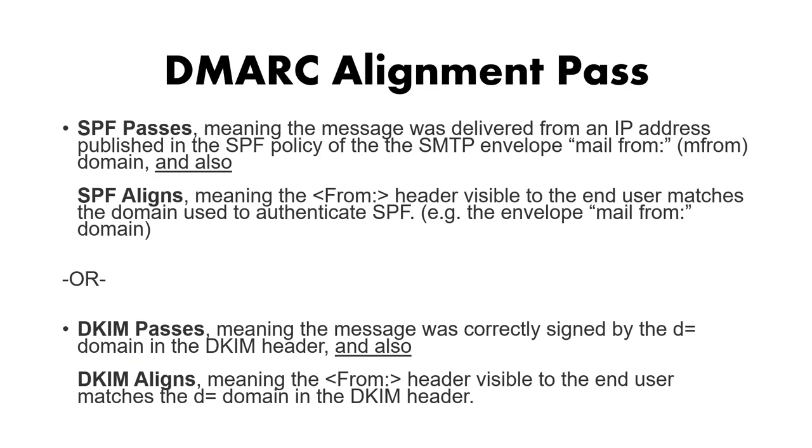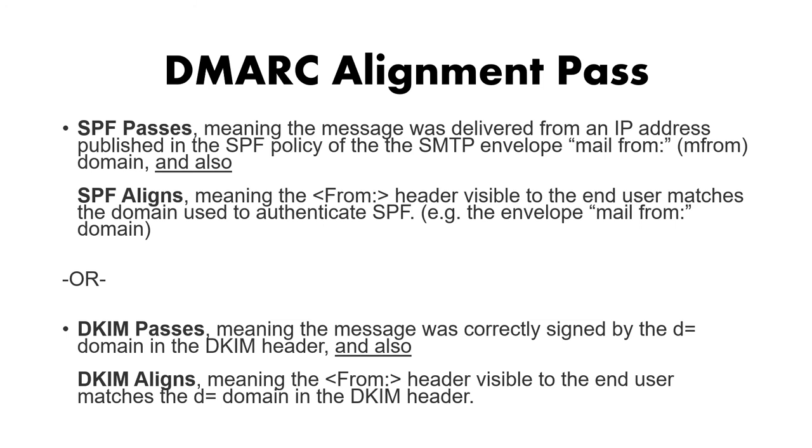So back to the original alignment passing. Let's go over this in a little bit more depth. If the SPF passes, it means that the message was delivered from an authorized IP address, and also that it aligns, meaning that the from header also matches the authenticated SPF domain from the return path.